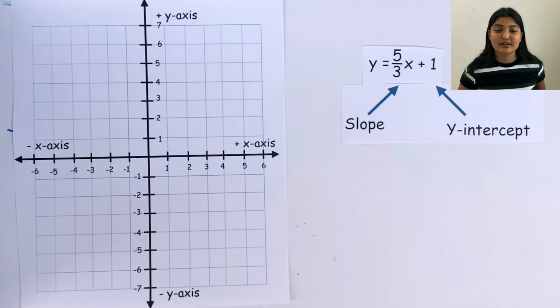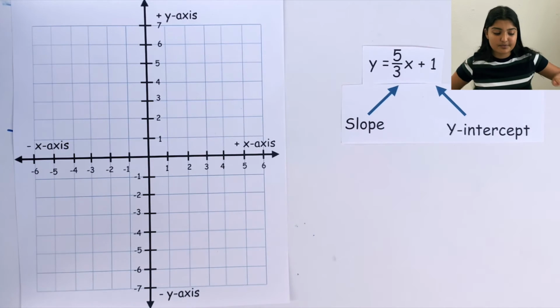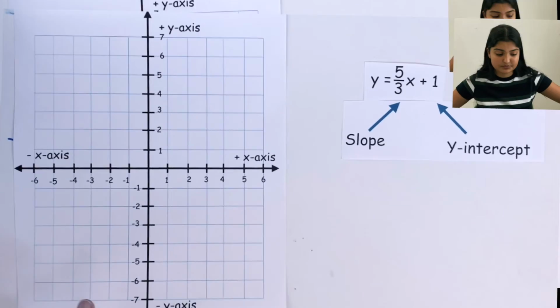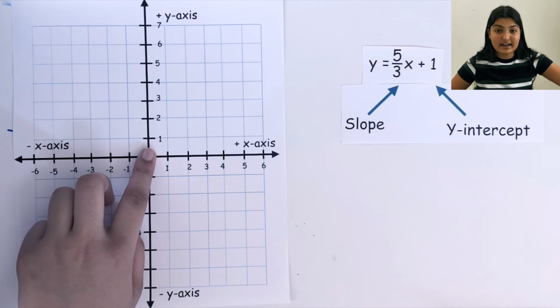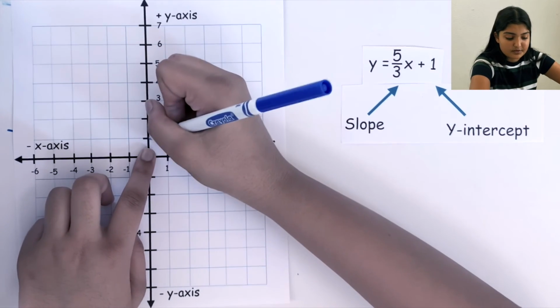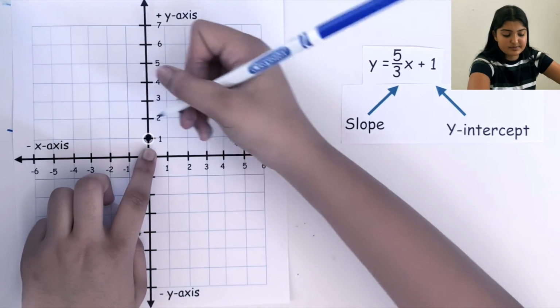So let's start by plotting the y-intercept onto this coordinate plane. The y-intercept is at positive 1, so we can plot the point here.